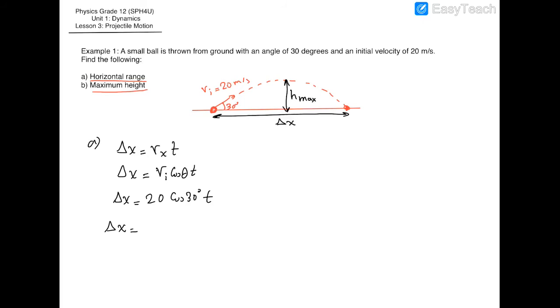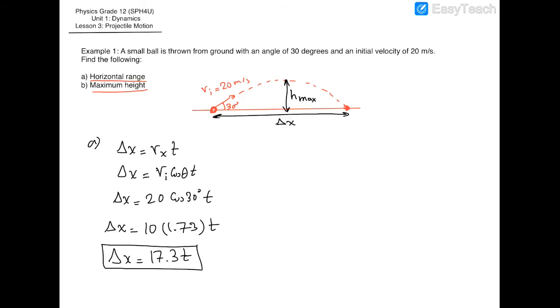Okay, so 20 cosine 30 is root 3 over 2, so it should be 10 times 1.73 t. Yeah, so that means delta x is going to be 17.3 t. Okay, so I have to keep this for now.